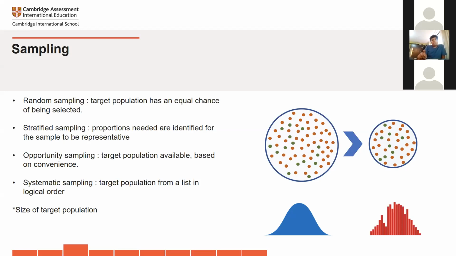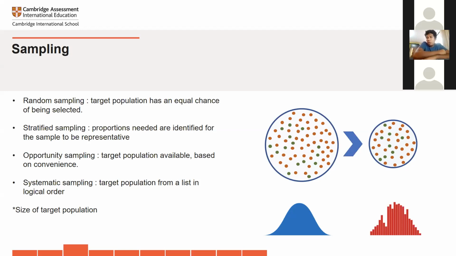We have also the systematic sampling, where we take the target population from a list and choose from it in a logical order. It's not random sampling. For example, random sampling might be if we have 400 students in Paradise of Children school, we make them form in lines one Monday, and then we randomly get some out of each grade.